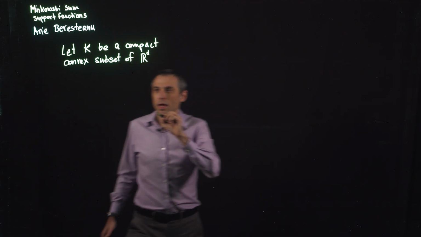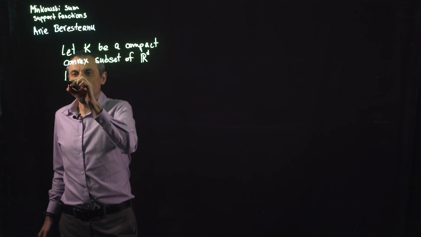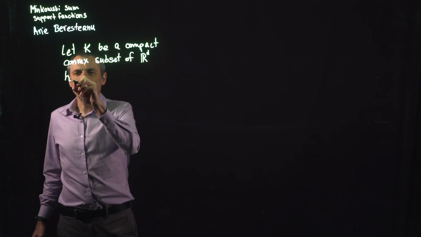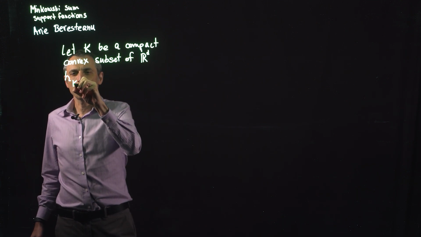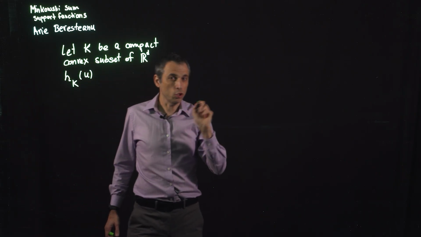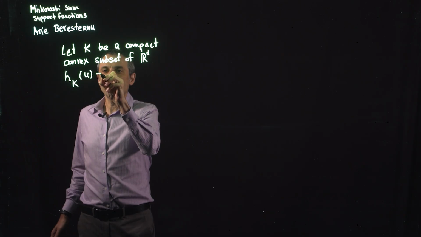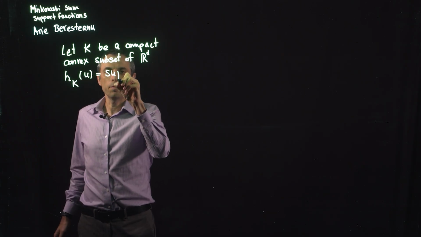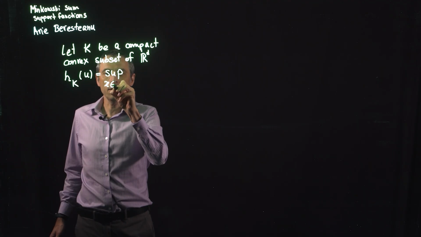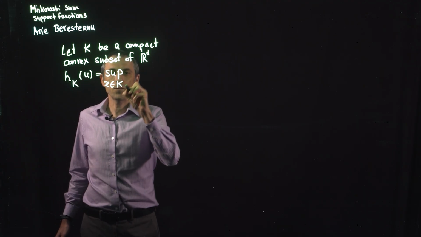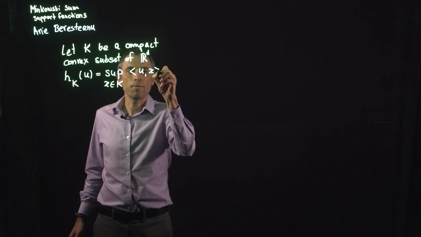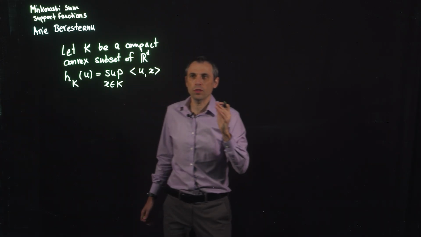The support function, which we always denote H, indexed by K, so it is the support function of the set K, evaluated at U, which I will tell you in a minute what it is, is the supremum over all the X in K of the inner product between U and X. It's the inner product in R^D.